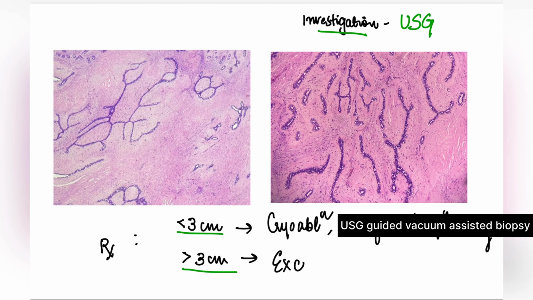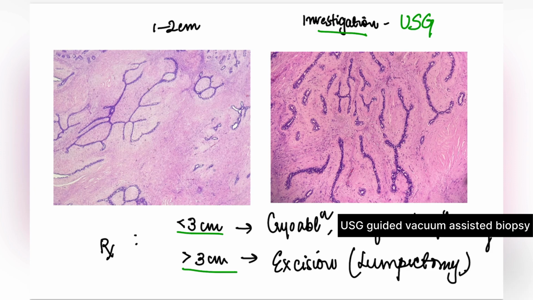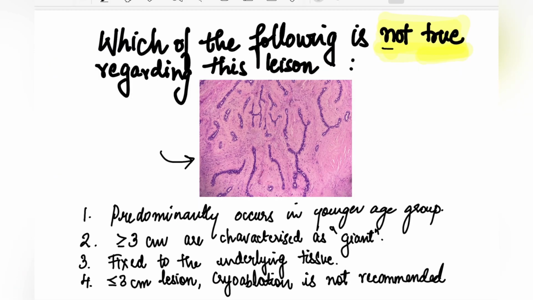However, in greater than 3 centimeter, we usually do excision, also known as lumpectomy. So usually fibroadenomas grow up to 1 to 2 centimeter and they become stable in their size. Sometimes they may regress or sometimes they may increase in size. So the progression of fibroadenoma is variable. However, the investigation of choice is USG and the treatment is cryoablation.